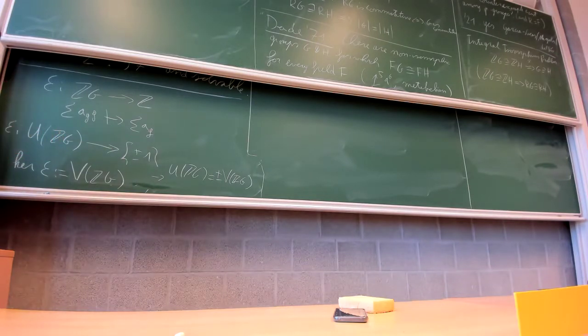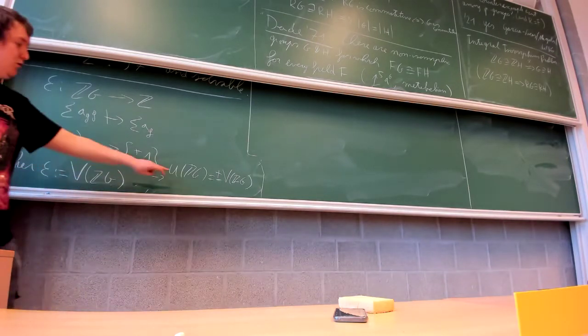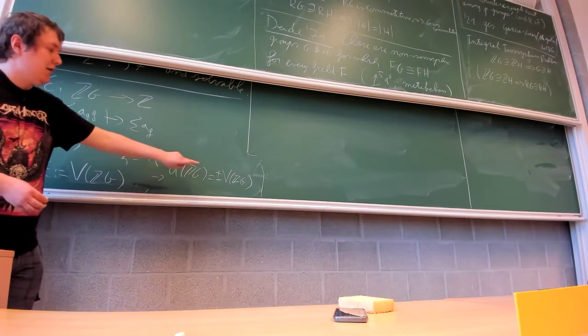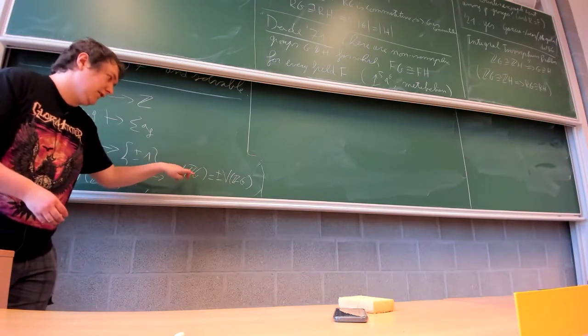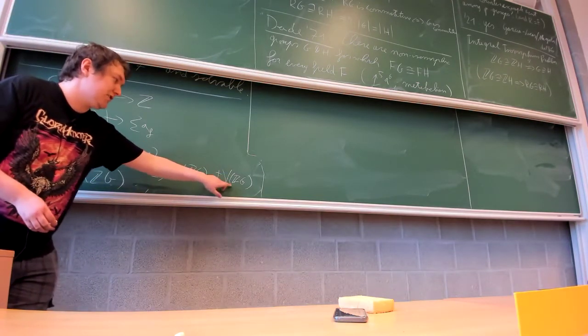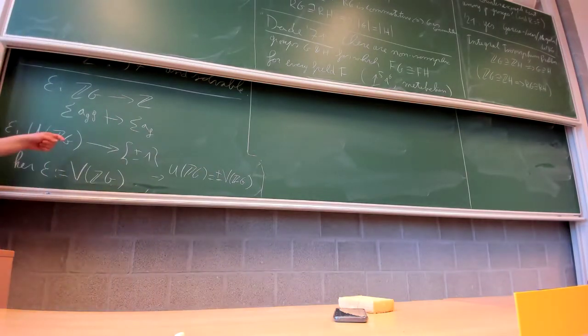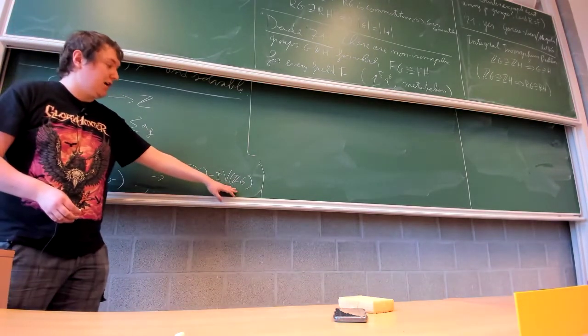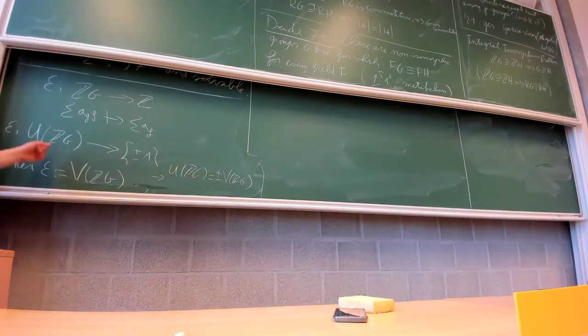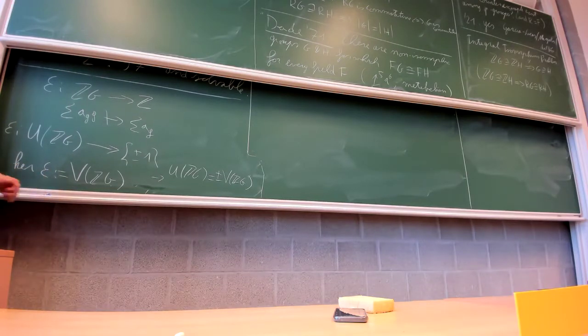You can work this out a little bit, but basically if you want to describe the unit group, you can just describe all the elements in the kernel here. They're called the units of augmentation 1, because this is an augmentation map. It's just a name, the general construction in algebras, for the ones with augmentation 1.